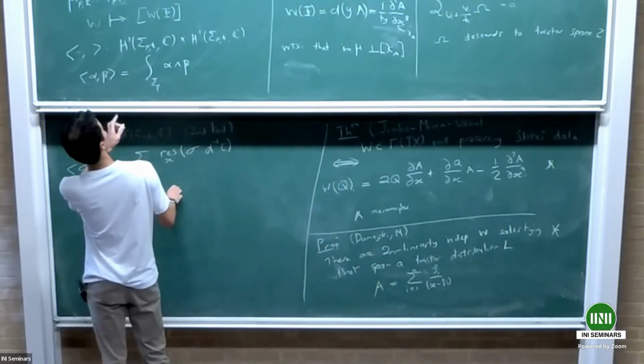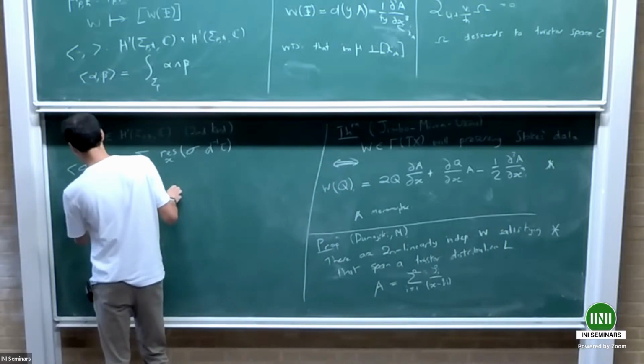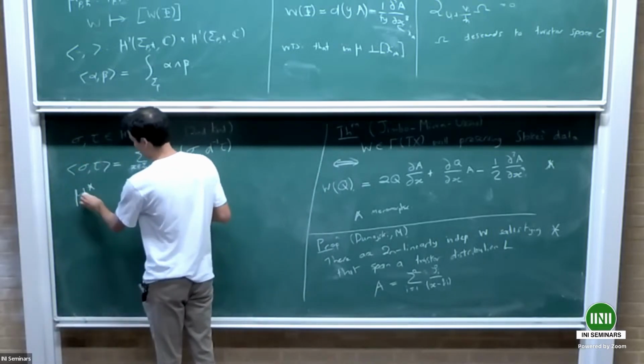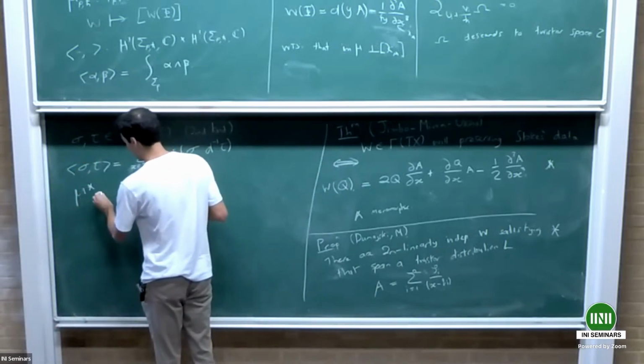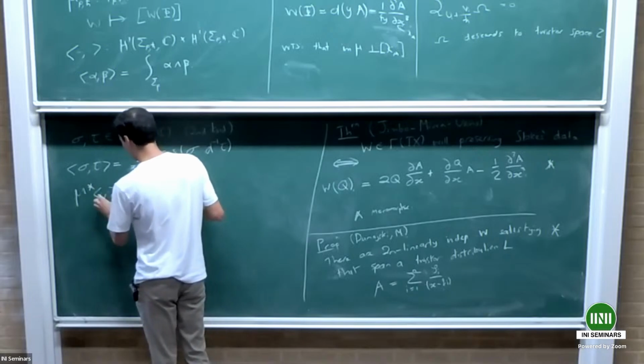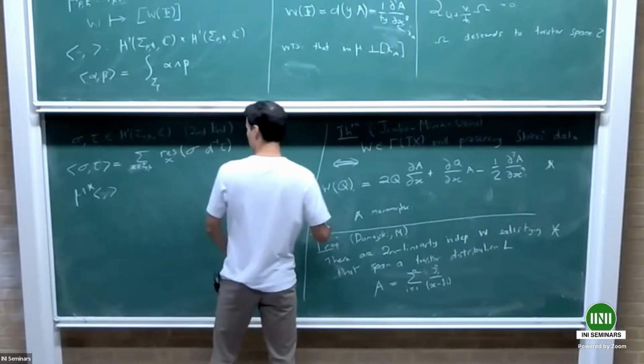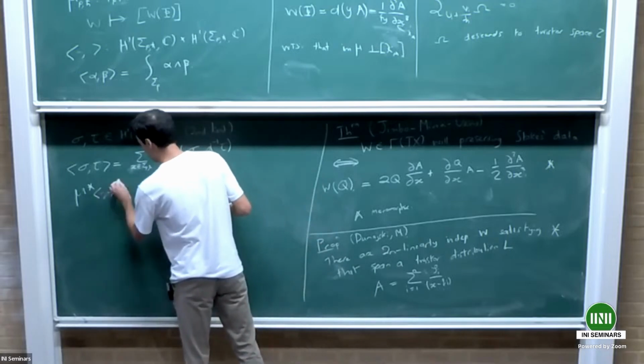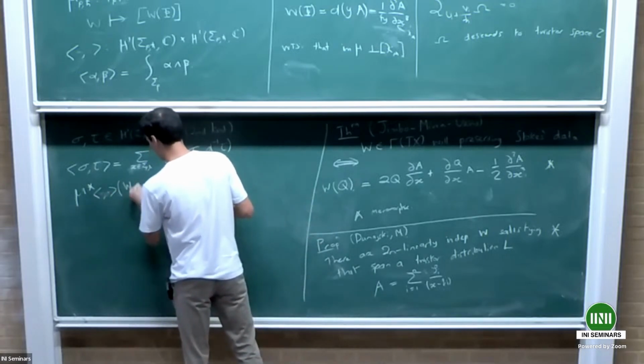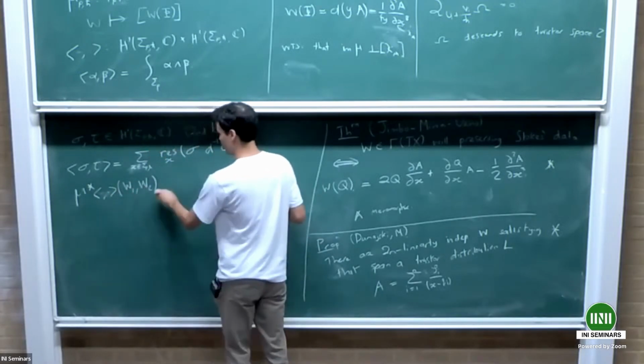And in our case, then, if I pull this back by the map mu, sorry, if I take two tangent vectors, the formula will be the following thing.